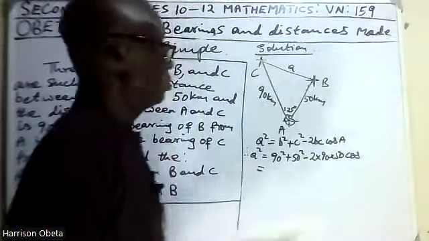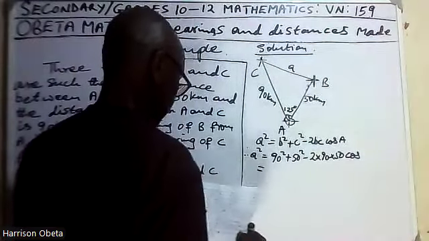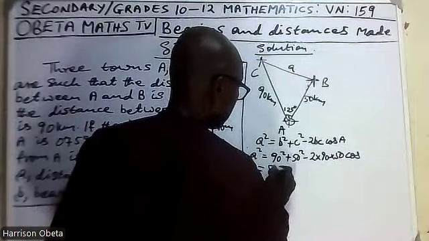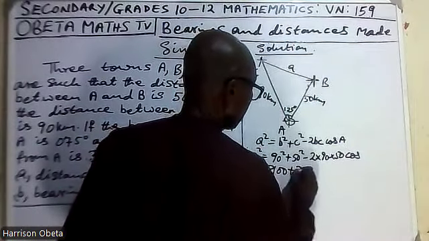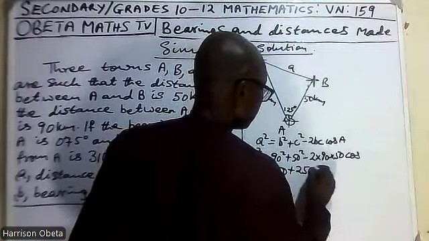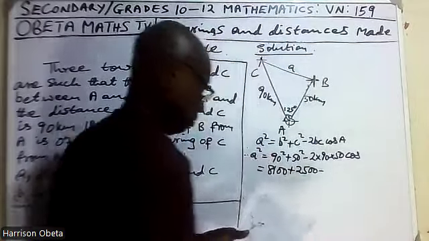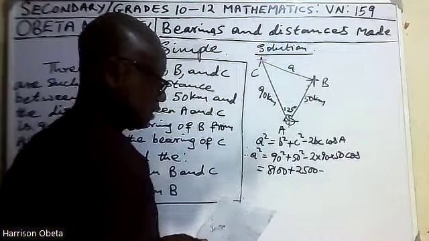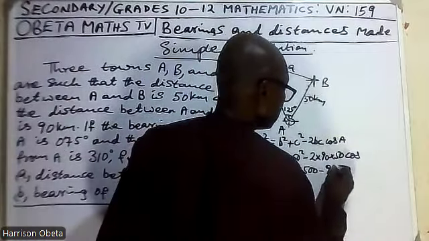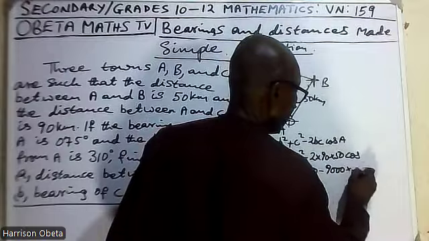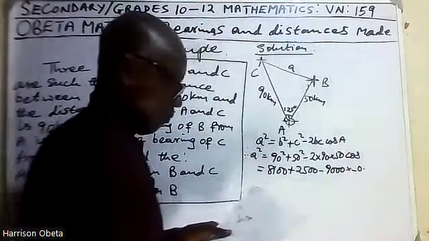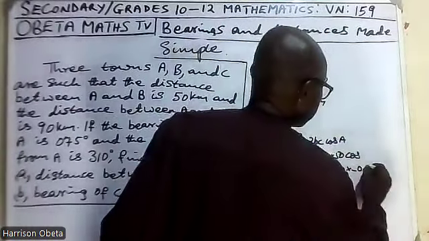So you now check the calculator, and that will give us 8100 plus 2500 minus 9000 times minus 0.5736.